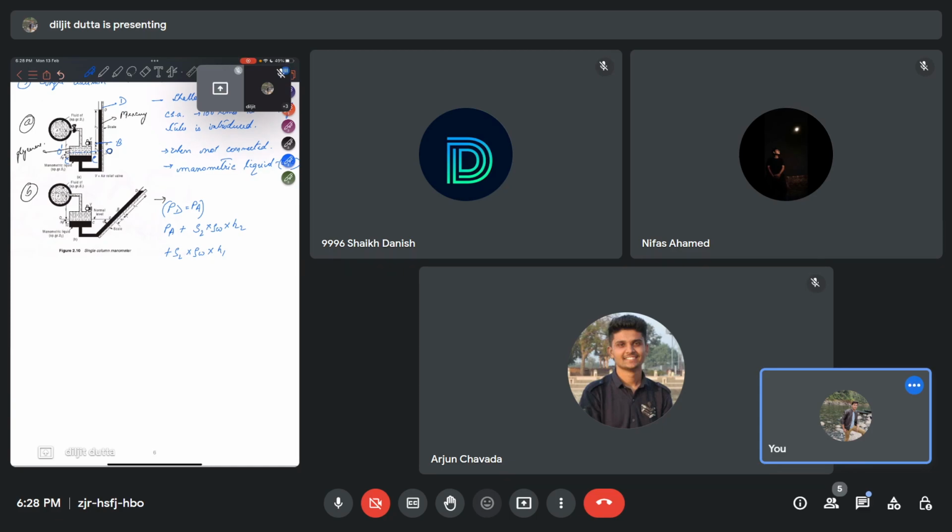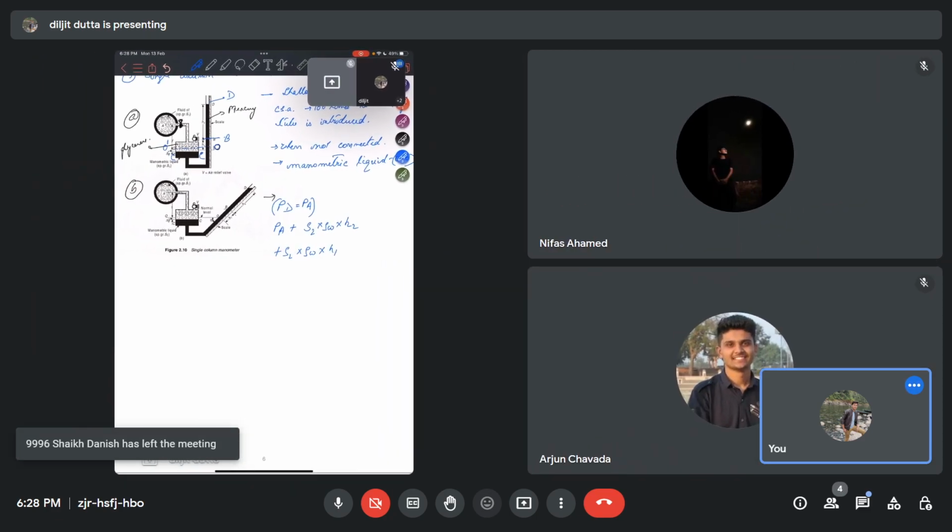So at O dash, we will now be moving downwards. When we exerted the pressure from the fluid in the pipe to the reservoir, as soon as the mercury level rises from B to D, there will be a slight displacement of the reservoir level by delta Y. This is a small displacement in the reservoir, because the reservoir width is very large and the column width of the tube is very small.